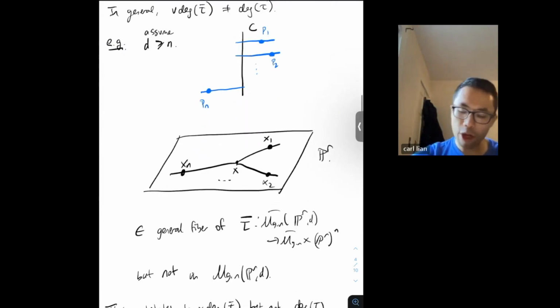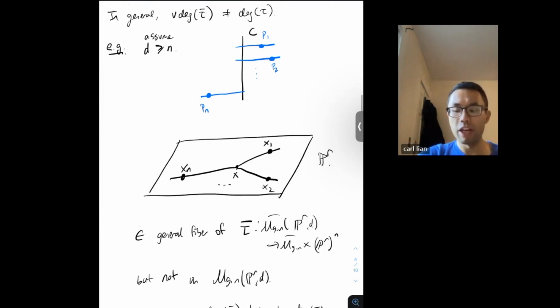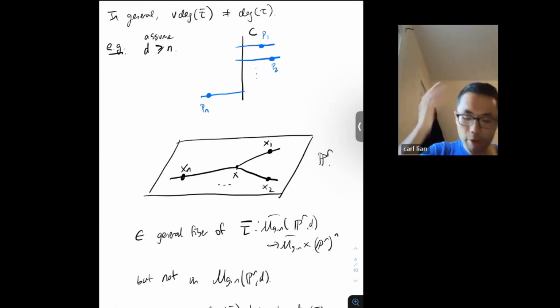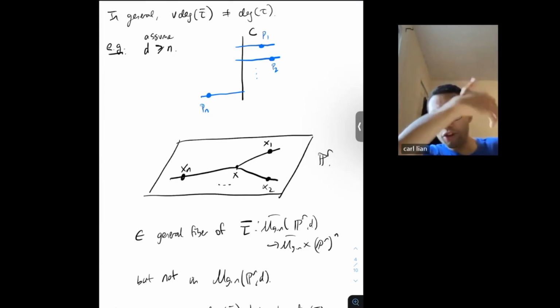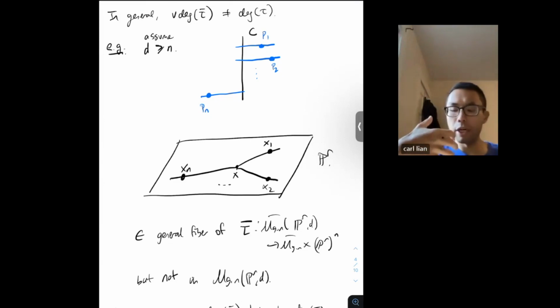You could end up in situations where these maps degenerate to bad things like in this example. I've drawn a Gromov-Witten picture, but you can also interpret this as saying, what if my map from C to PR degenerates to some kind of constant map from P1 to PR, where I introduce a bunch of base points?